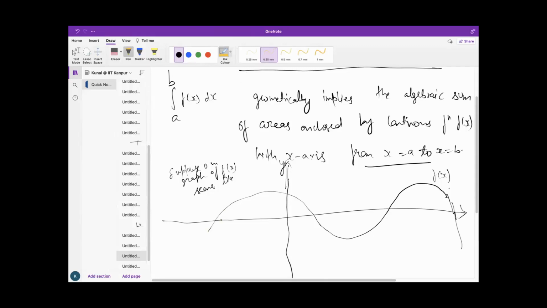Let me show you by different colors. Let us suppose our first area, this part of the curve, lies above the x-axis, right? And this part again lies below the x-axis, right? And the third part again lies above the x-axis.